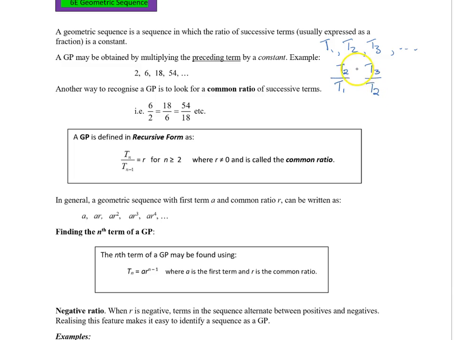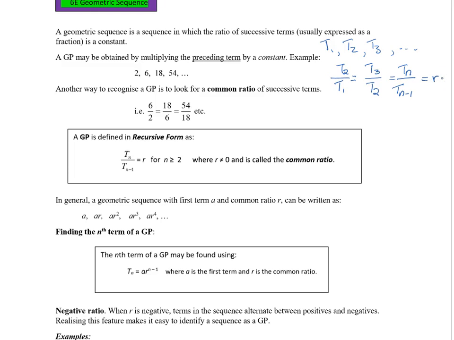What we know about these ratios is that they are always equal. So we could have Tn over Tn minus 1, the one before it, is equal to that ratio. Now, that is what you will use to identify a GP. We call this the common ratio, and we use the letter lowercase r.